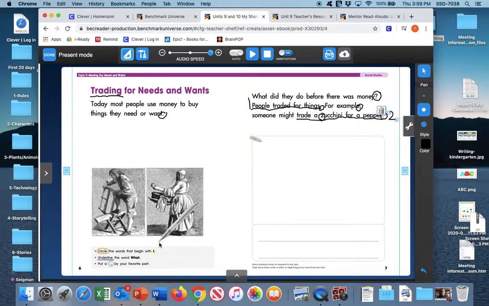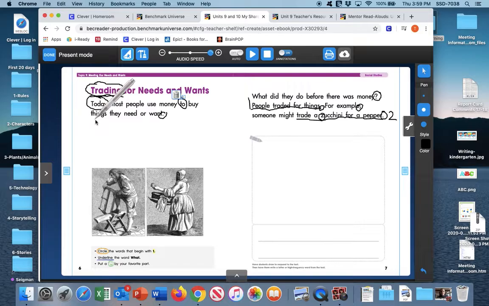And now down here at the bottom, it says circle the words that begin with the letter T. So we're focusing a little bit on the letter T for today. So we're going to come up here, and I want you to circle the word trading because it starts with T, today, and see if you can find other words that begin with T before I do.